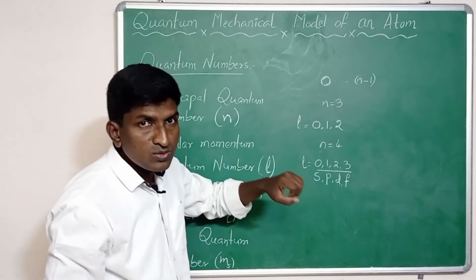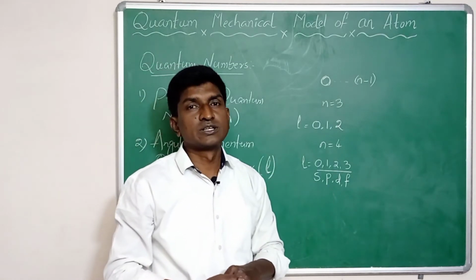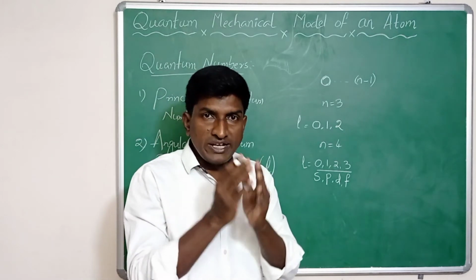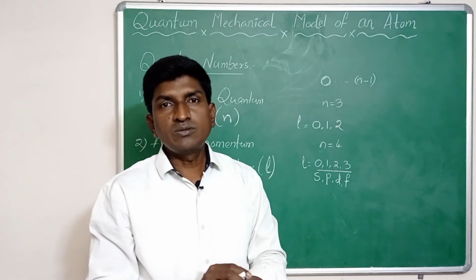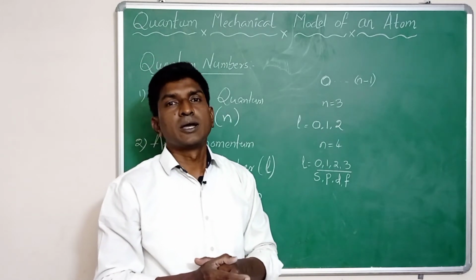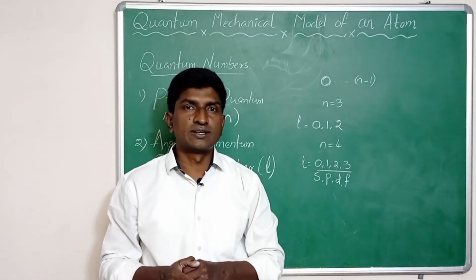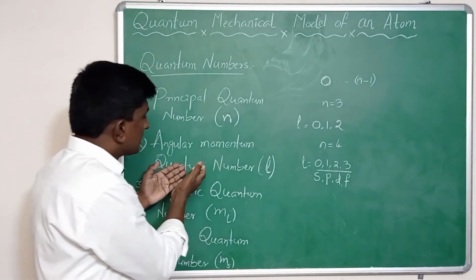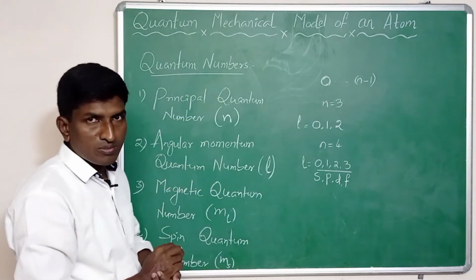According to Sommerfeld, the main shells split into subshells. How many subshells are present in the main shell is explained by the angular momentum quantum number.